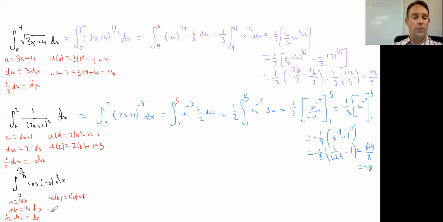And u of pi over 8 is 4 times pi over 8, which is pi over 2. So change my bounds here real quick to 0 and pi over 2.